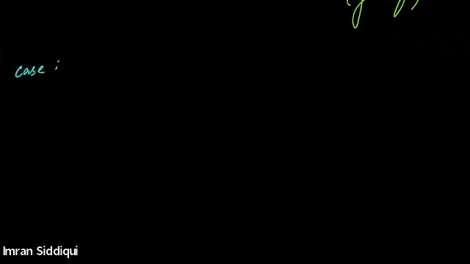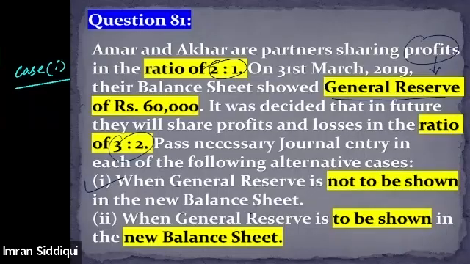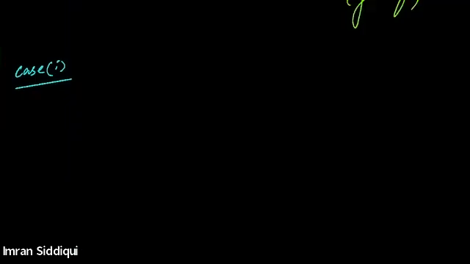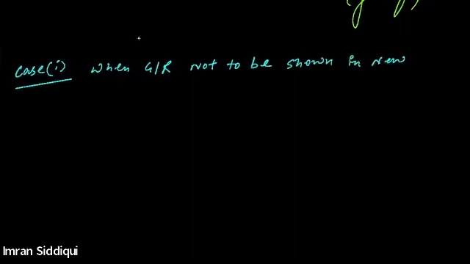In case one, we need to consider that general reserve is not to be shown in the balance sheet. So when it is not to be shown in the balance sheet, that means we will simply distribute it among the partners. When general reserve is not to be shown in the new balance sheet, right?